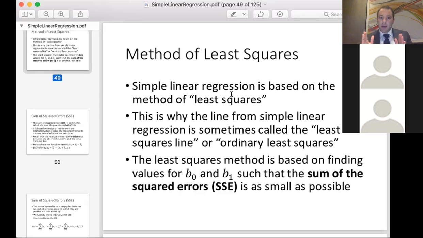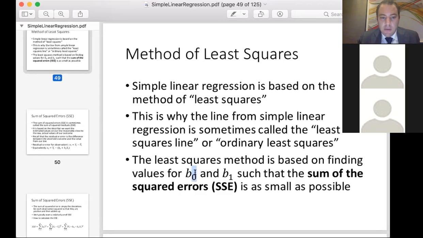It's trying to find the line that has the least squares, so that it's the best fitting regression model. It's running all these different calculations, and it's coming up with this method of least squares.